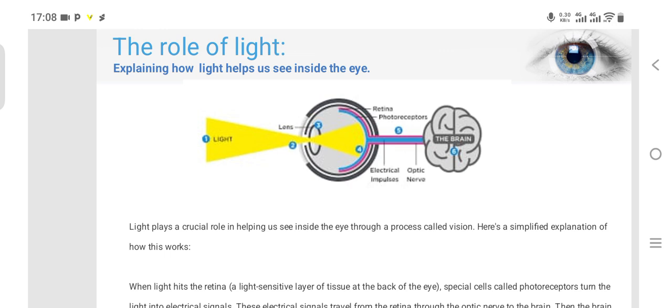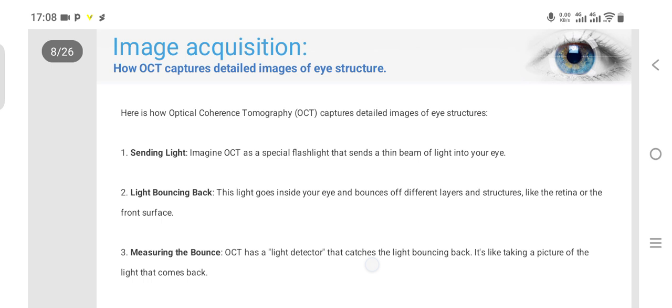Light plays a crucial role in helping us see inside the eye through a process called vision. In a simplified explanation of how it works, when light hits the retina, like I've earlier said, a light-sensitive layer of tissue at the back of the eye, special cells called photoreceptors turn this light into information.